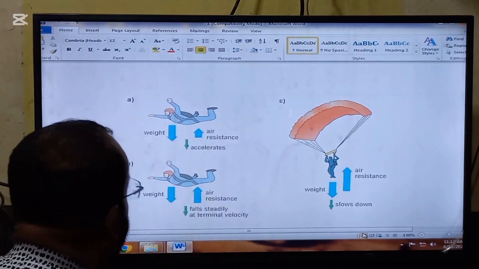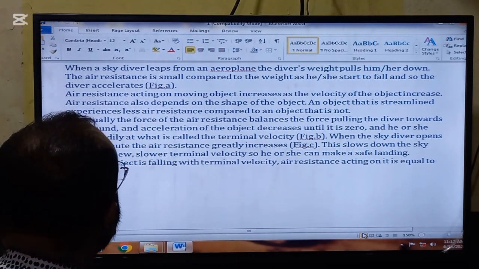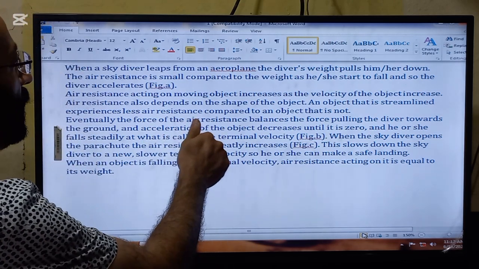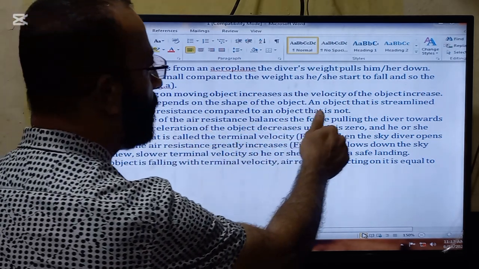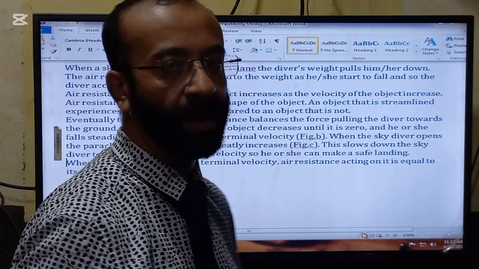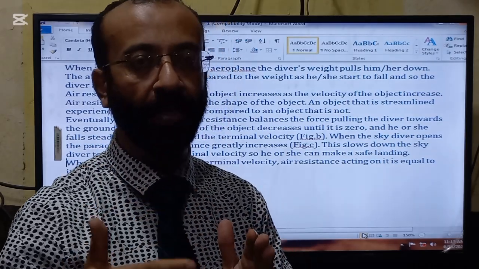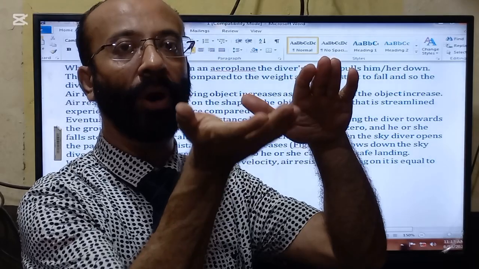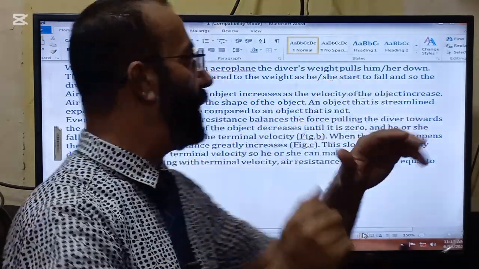So accelerate. Look now further, air resistance acting on a moving object increases as the velocity of the object increases. So as the body's velocity increases, air resistance will also increase with it.